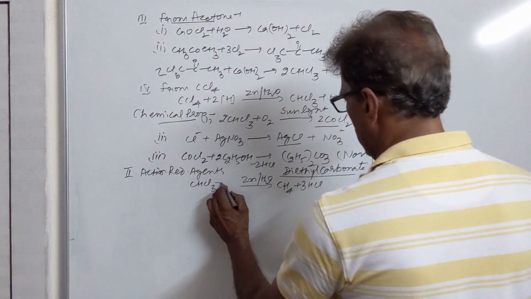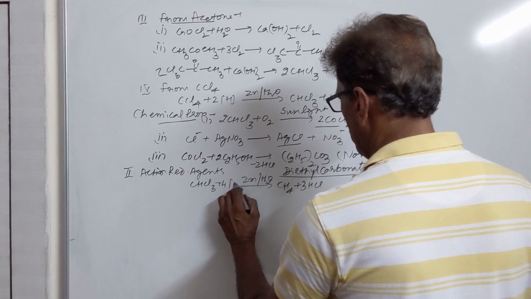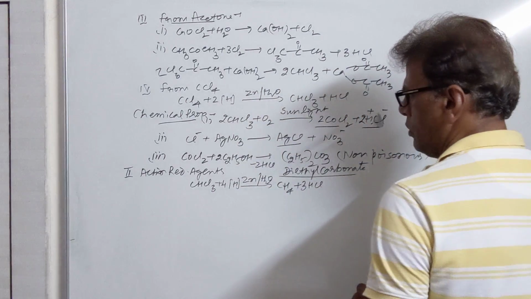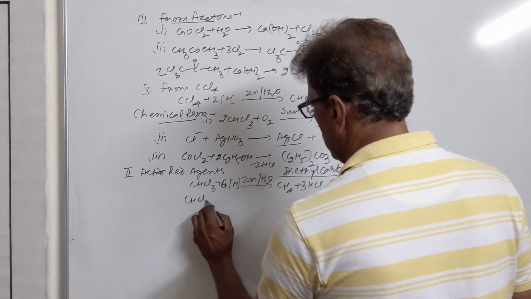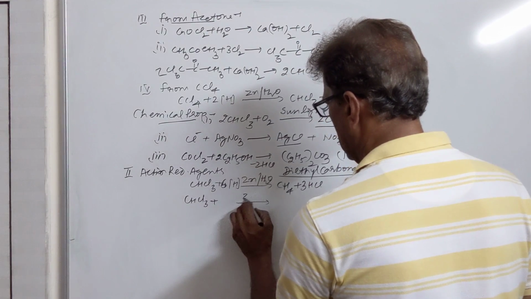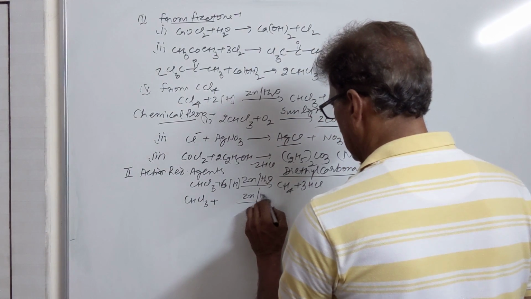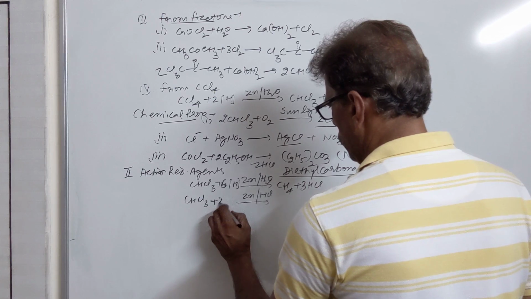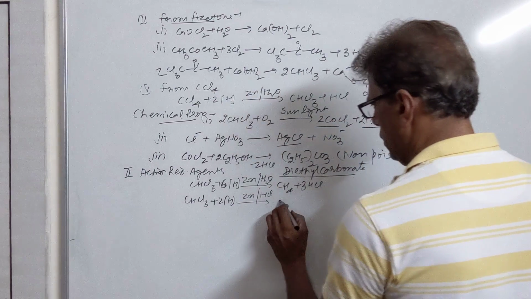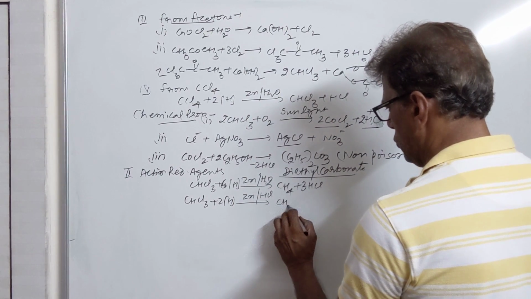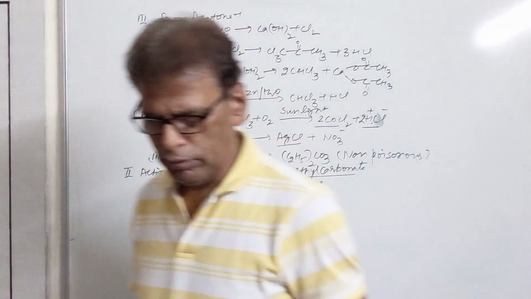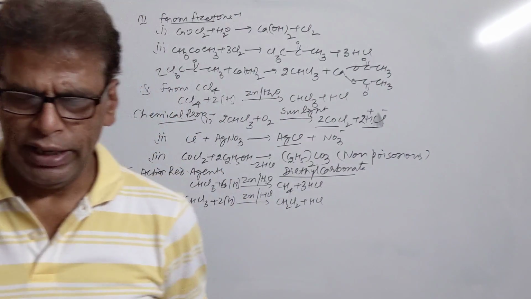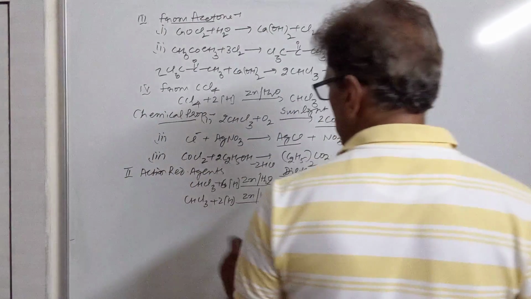So you will be using 4 hydrogen here, 6 hydrogen here. If chloroform is treated with zinc and HCl, then 2 hydrogens are being taken and we will get CH2Cl2 plus HCl. We get dichloromethane.